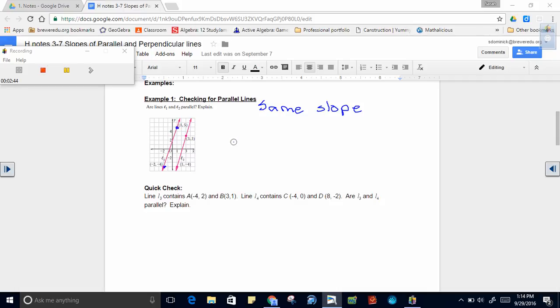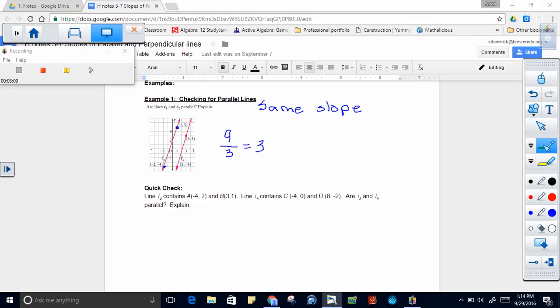I want to find the slope of that line. I can do it by counting my boxes. So up 1, 2, 3, 4, 5, 6, 7, 8, 9. Over 1, 2, 3. So I would have up 9, over 3, rise over run. That would reduce down to 3.